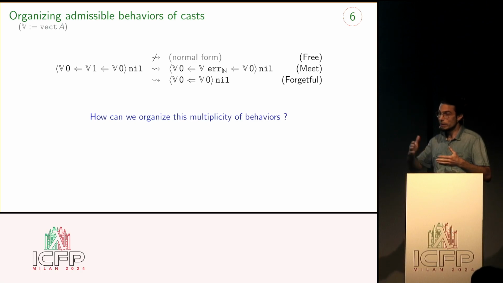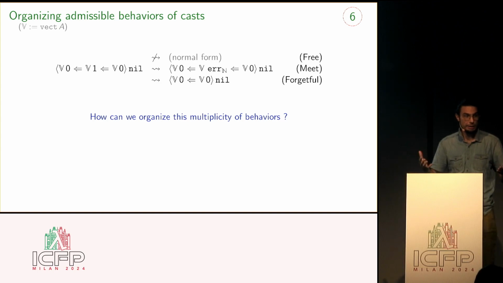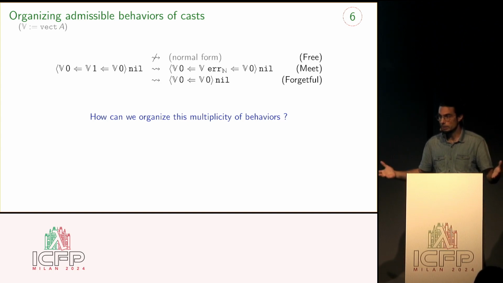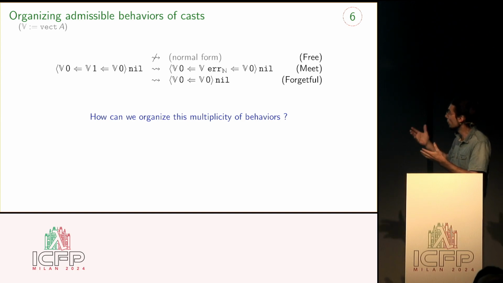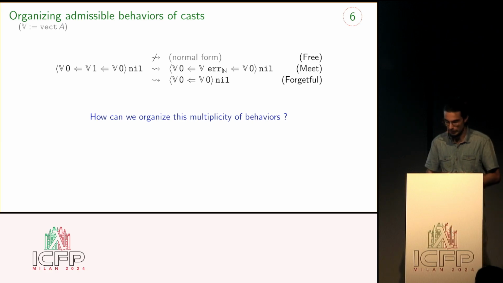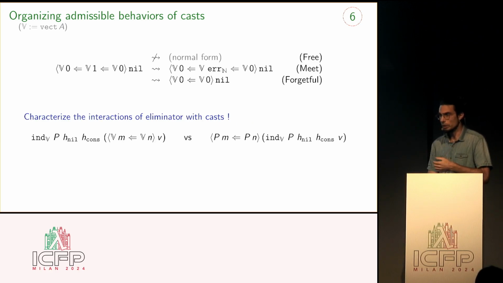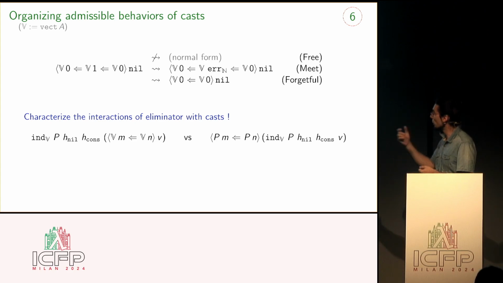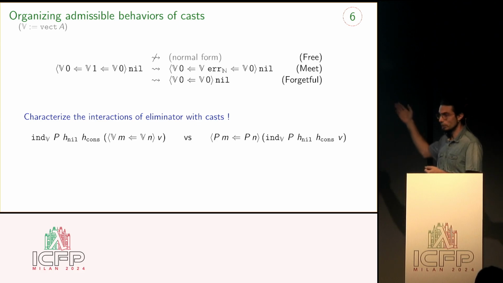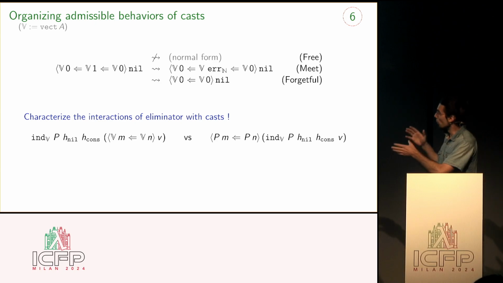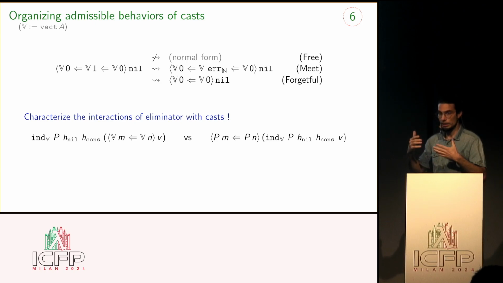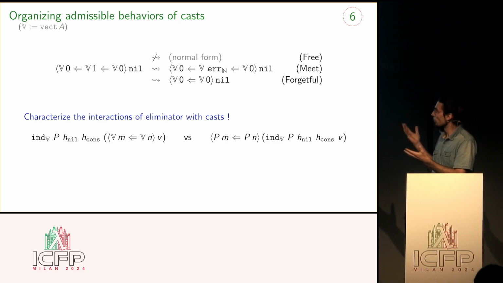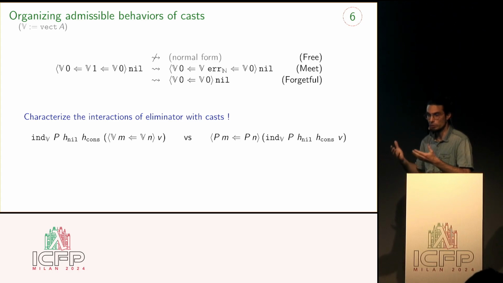A question with all these reduction behaviors is, how do we organize such a design space? Are there principles to understand when we should use one reduction behavior or the other? And a major insight of this work is that if we have a look at the interaction of the eliminator of an inductive family and cast, and we compare to casting the result of eliminating, we can wonder how these two expressions relate for the unique notion of observation that we have for gradual stuff, which is precision.